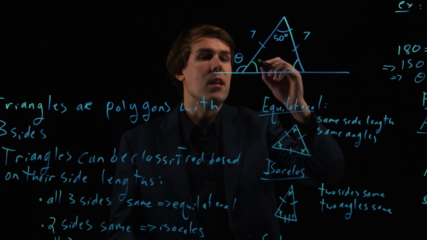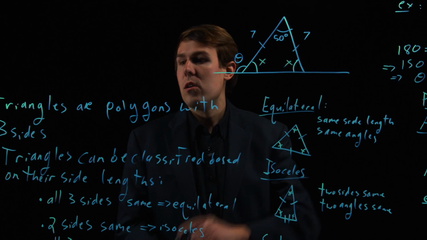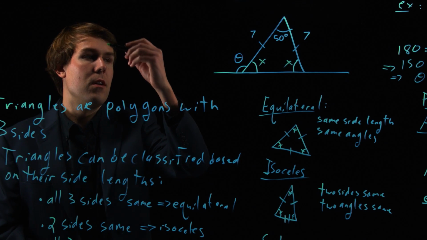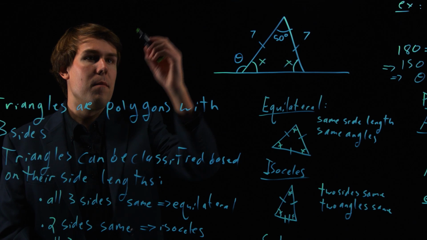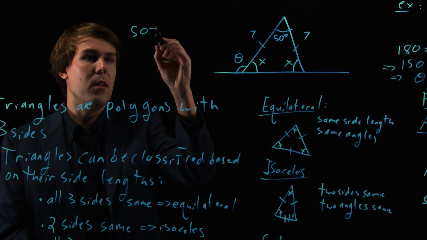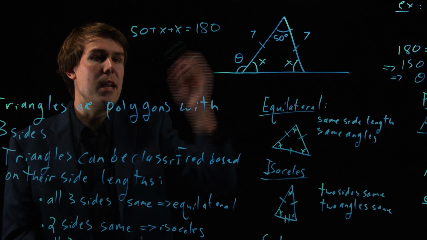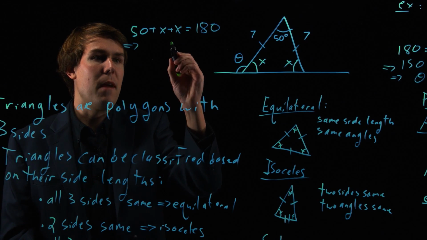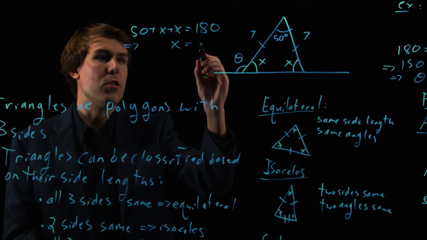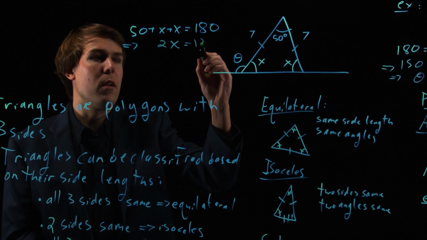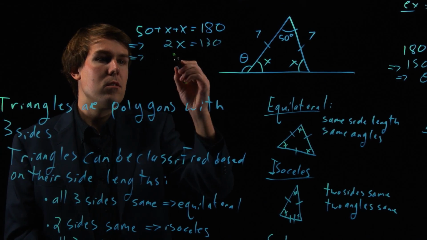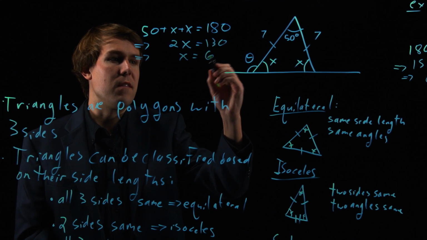So I'll call this x. So I can proceed as follows. I know that 50 plus 2x is equal to 180, which tells me after a bit of algebra that 2x is equal to 130. So x is equal to 65.